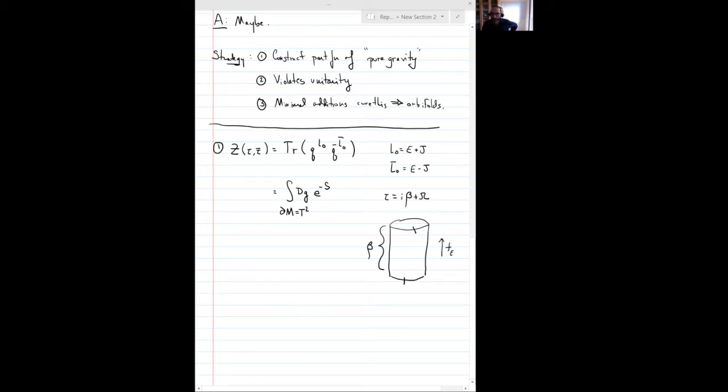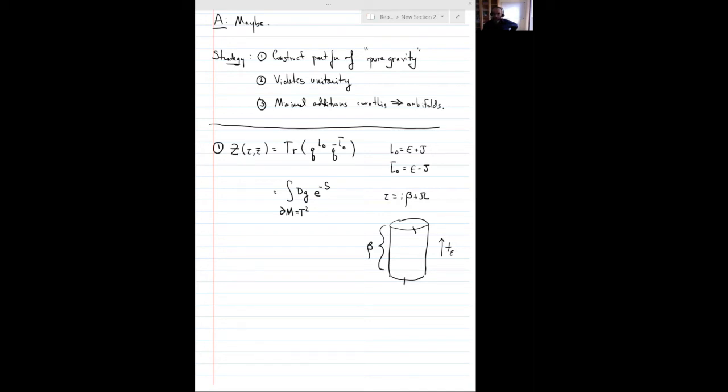And its real part is an angular potential, okay, which in the language of this geometry that we're drawing here, the way that I would introduce an angular potential is I would glue the top and the bottom of this cylinder together to form a torus, but I would glue them together with a twist by an amount that would be this angular potential. Okay.